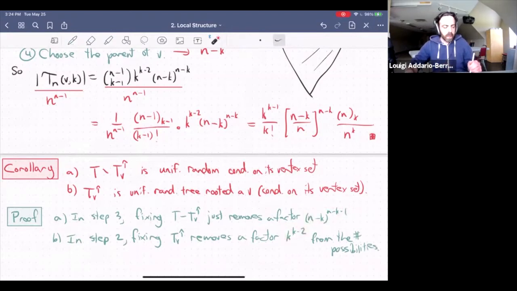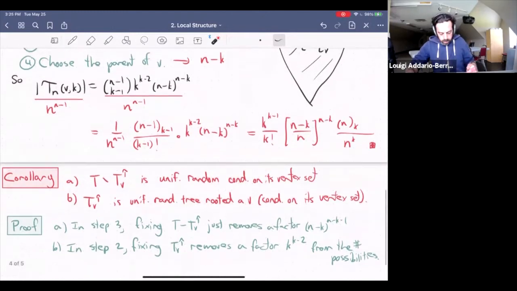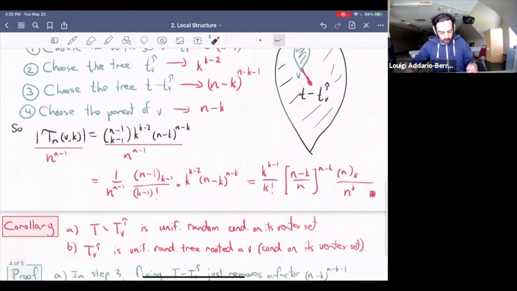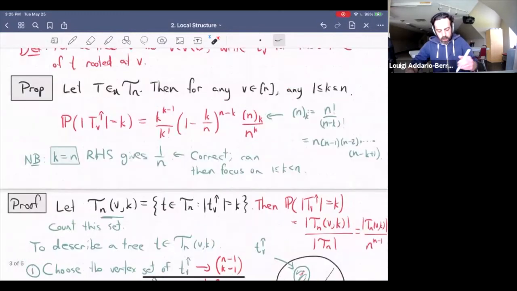So there's a question from Hao Qian in the chat, which is whether the randomness is only in the choice of tree, not in the choice of V. That is the way I've stated the proposition. This is for a fixed vertex, and then the tree is chosen randomly. So you can think of this as being the vertex with label 1 if you like.